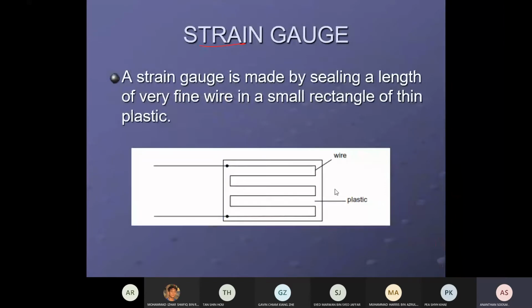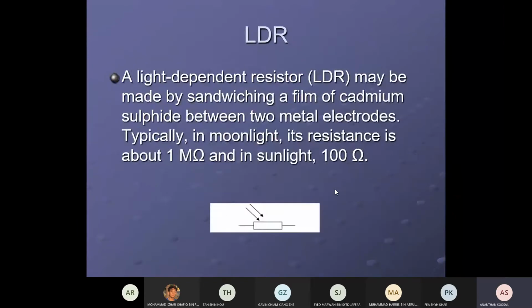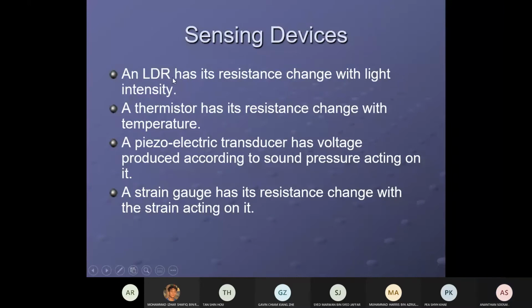So again, how many devices do you have? You have 4. LDR: light goes up, resistance goes down, voltage goes down. Thermistor: temperature high, resistance goes down, voltage across the thermistor goes down. Piezoelectric transducer, made of crystal: when a slight pressure is applied, such as sound, the pressure creates the voltage.